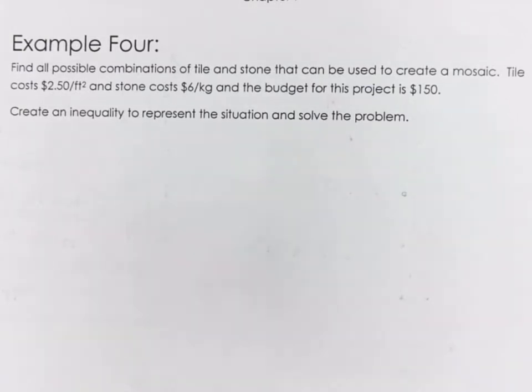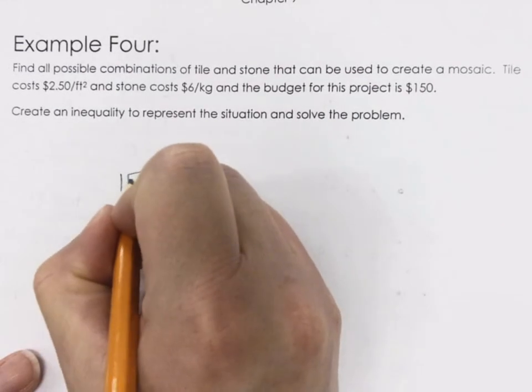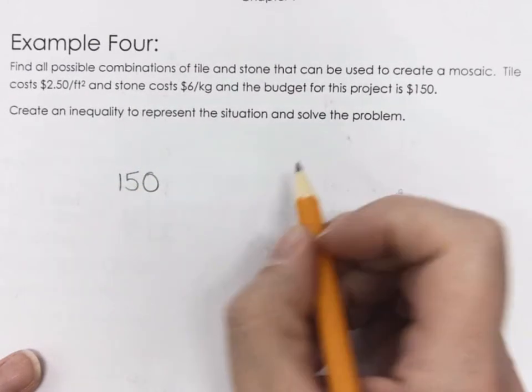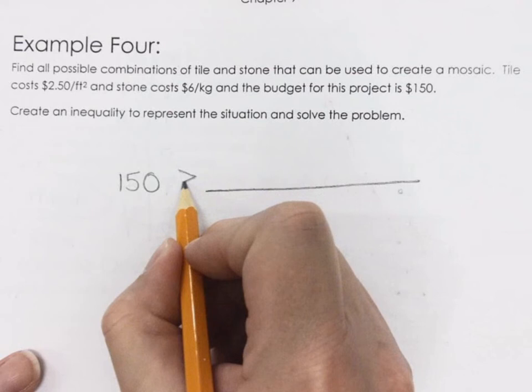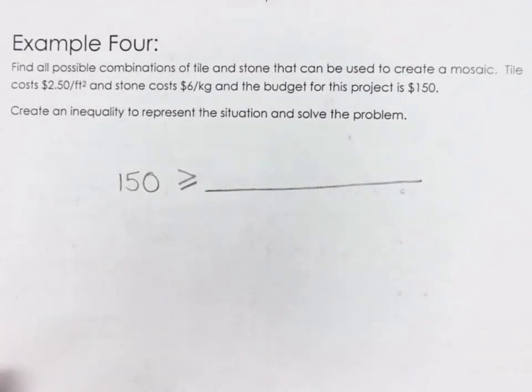Okay, how much money do I have to spend? $150. Can I spend exactly 150? Can I spend 151? No, I can only spend 150, right? So we know 150 is our maximum. So everything on this side of the equation has to be less than or equal to 150.